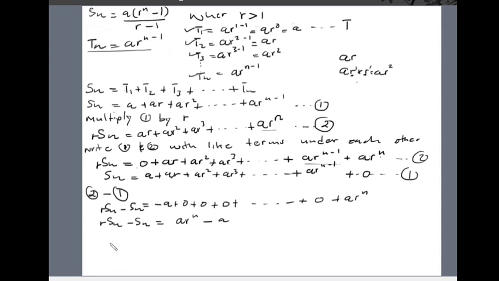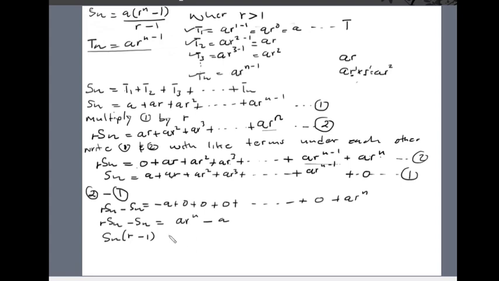So now the next step is to factorize on both sides of this equation, right? So now I need to factorize. So on the left hand side we see the common factor here is Sn. So I will have Sn multiplied by r minus 1.